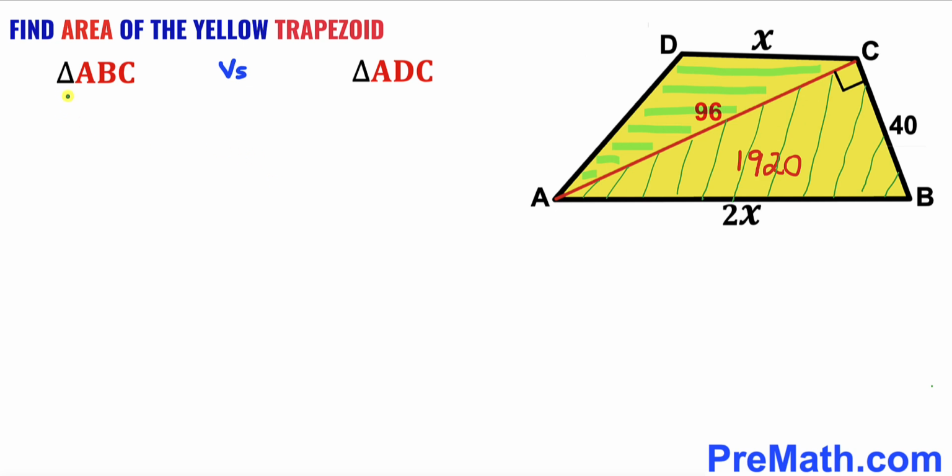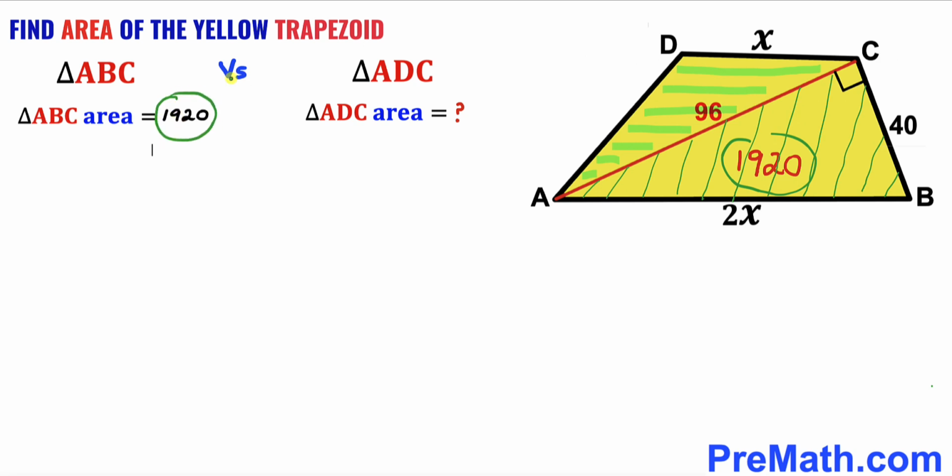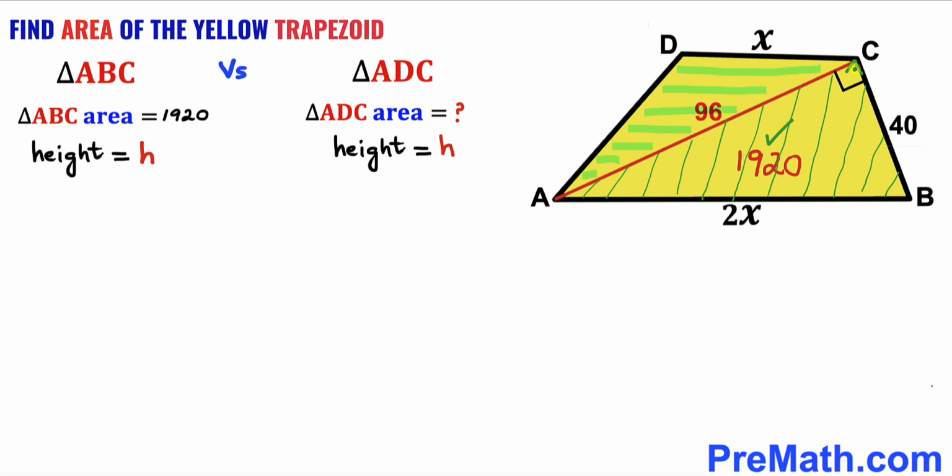And here's our next step. Let's make a comparison between the triangle ABC and the triangle ADC. This is our triangle ABC and this is our triangle ADC. And now we can see the area of this triangle ABC is 1920, whereas the area of this other triangle ADC is unknown. And now we can see the height of this triangle ABC is lowercase h, isn't it? And likewise, the height of this other triangle is lowercase h as well.